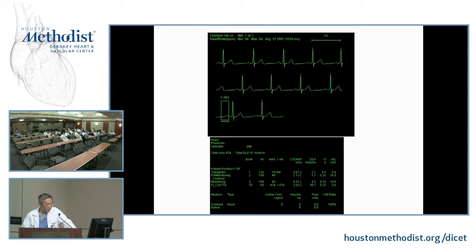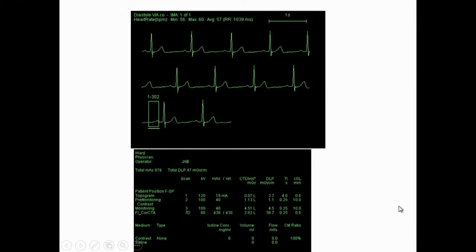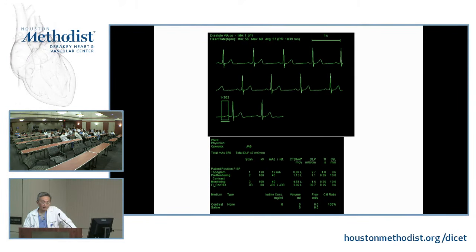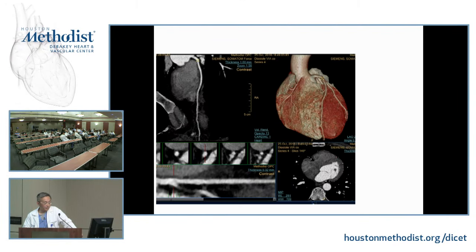Look at the DLP that we got. Oh, right here. 39. So more than 10 times less. Less than 10% of the radiation dosage, right? So 39 versus 400 something.